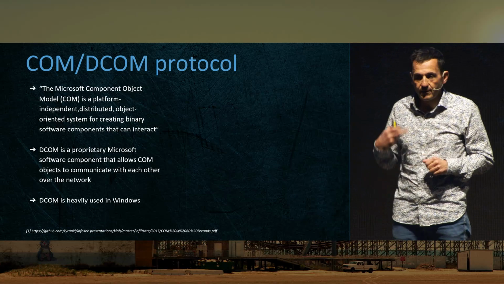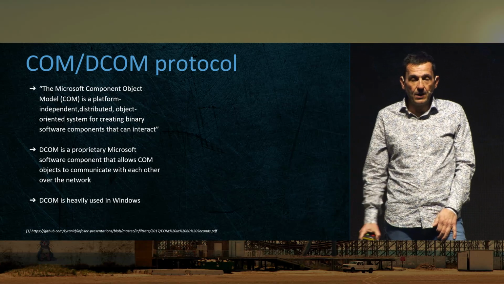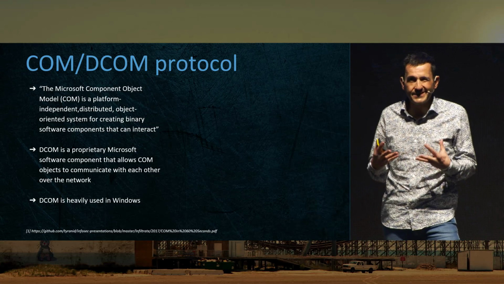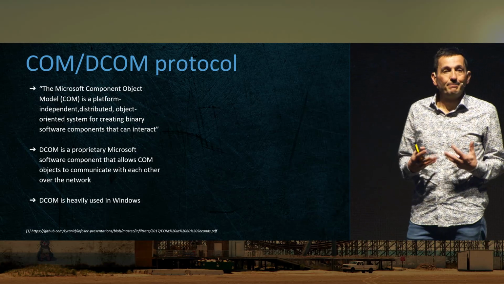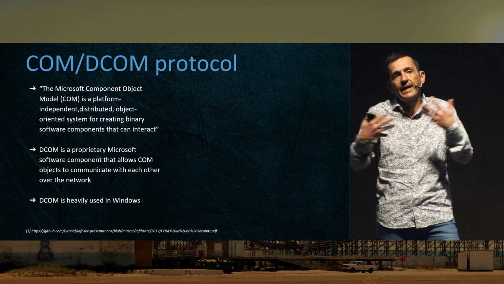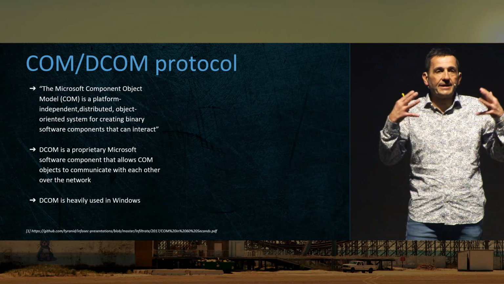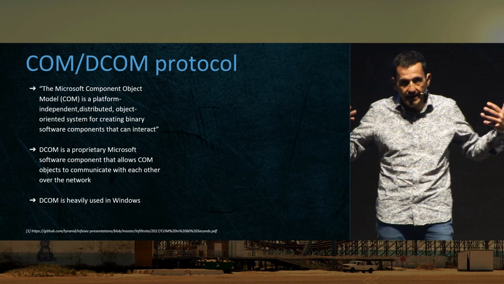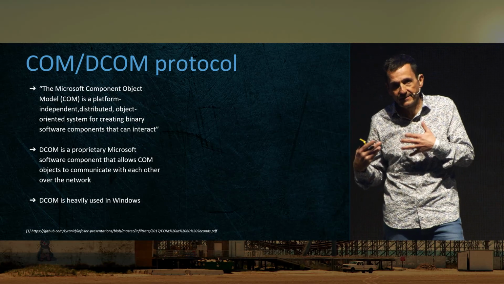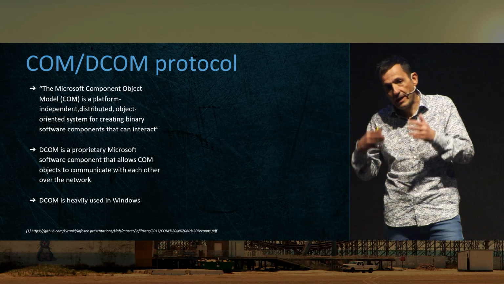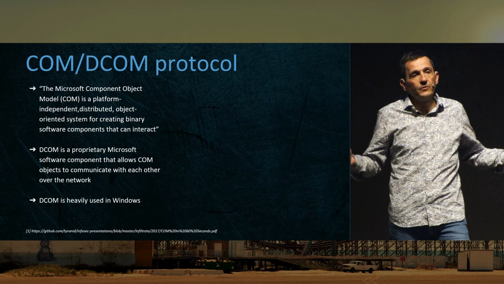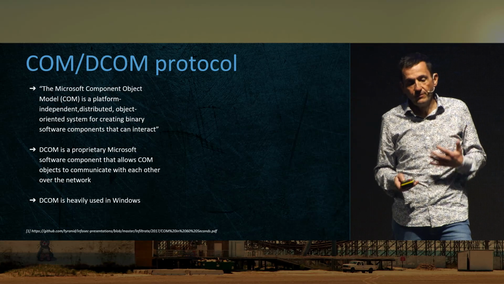The COM protocol, okay. Basically, COM is nothing more than a binary software interface which permits objects to interact with each other. Objects can also interact via network, and this is where the DCOM protocol comes in, because it's the Distributed Component Object Model. And DCOM, obviously, is also heavily used in Windows.